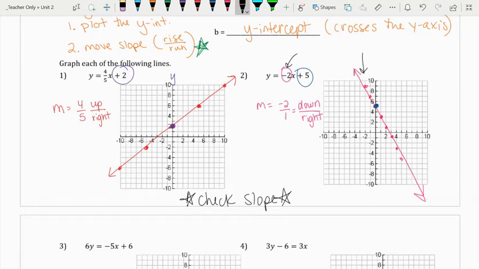And oftentimes people go in the wrong direction because they'll move down and left. Well, moving down and left is the same thing as moving up and right, both the opposite ones. So just make sure that you're making only one of the numbers negative.